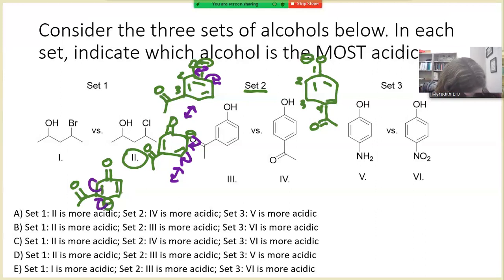I'm going to draw one more resonance contributor. We can see that that acetyl group that's right here, oops, sorry, I'm coming off the page. Let me make it a little bit more to the right. This acetyl group that's right here doesn't really play a significant impact in the resonance contributors.